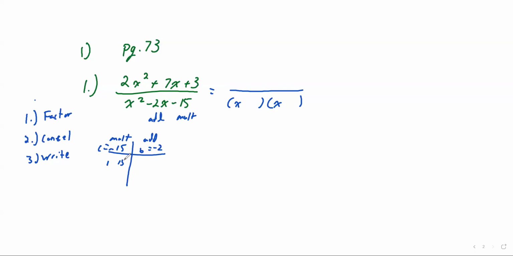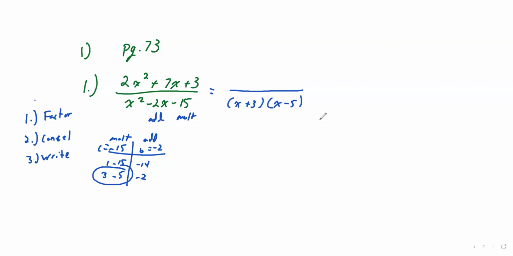So I go 1 and 15, 3 and 5. Since it's a negative, I know one of these has to be a negative, and since I'm adding to a negative, that tells me the bigger number has to be negative. That gives me negative 14, and that gives me negative 2, so there's my winner. So I get plus 3 and negative 5.